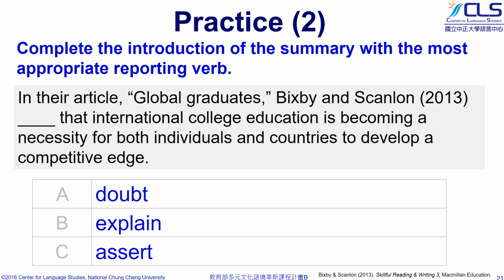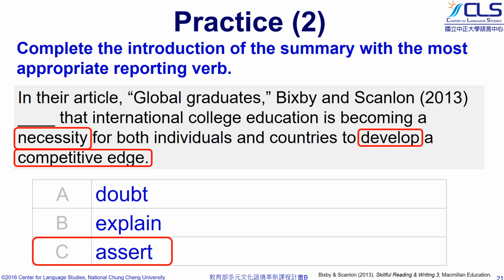Next, complete the introduction of the summary with the most appropriate reporting verb. The answer is C, assert, because from the keywords in the summary, we can identify the author's strong tone in favor of international college education. In this case, assert is the most appropriate reporting verb.